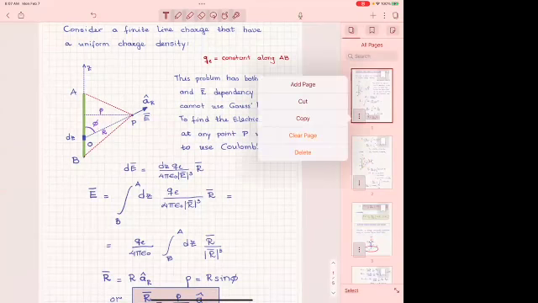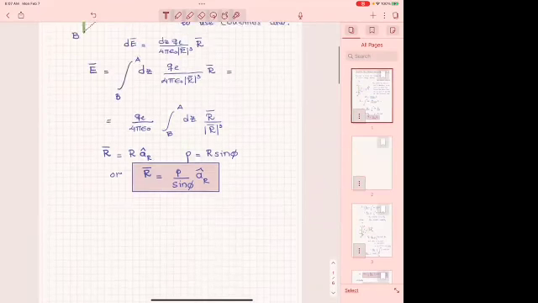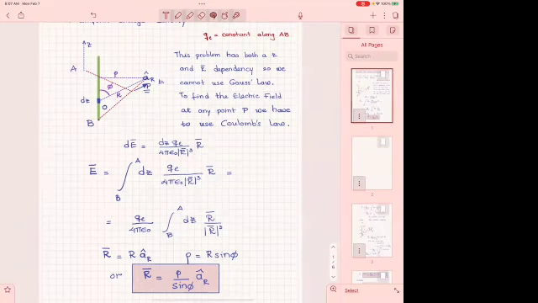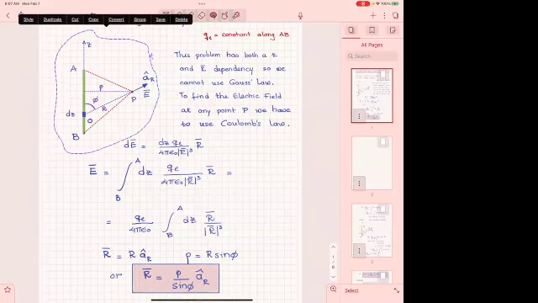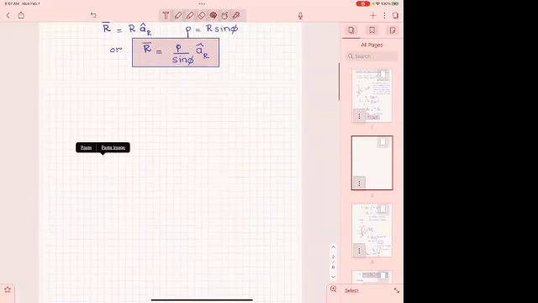So I'm writing extra, but that's okay for your understanding. Here I'm going to just take this shape. I don't have to do it over again. This one. Copy it. And then come here. Paste.